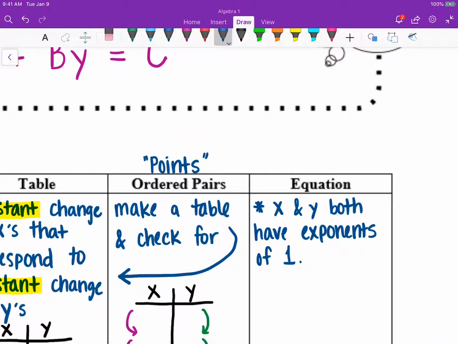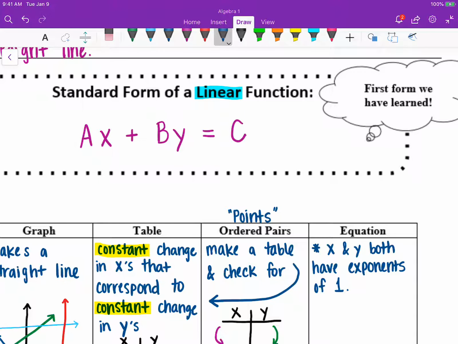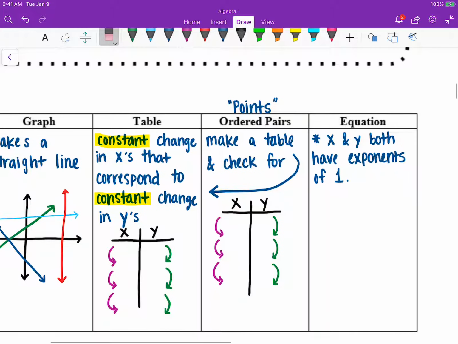That's why up here in standard form, the X and the Y don't have any exponent, because if they don't, we automatically assume that tiny little exponent is a 1. We just don't write it in there because it's not very proper. So I'm going to erase those little ones. Okay.